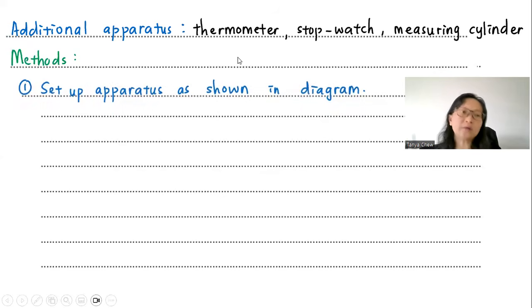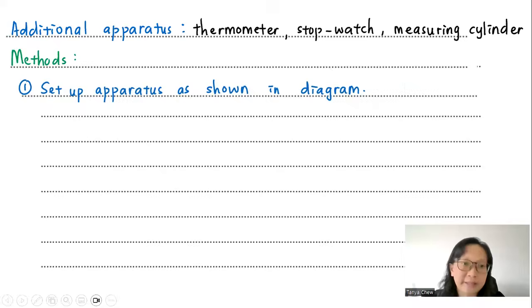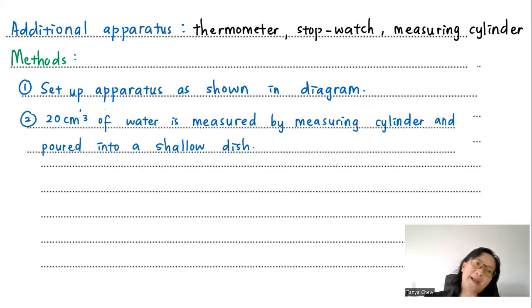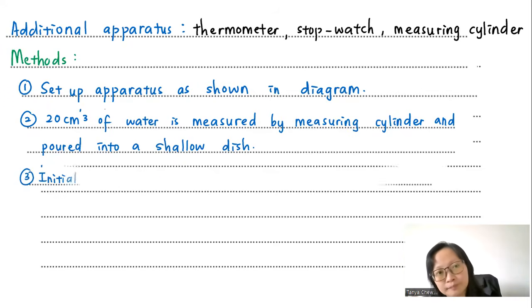So the method is, since I drew the diagram, I would want the examiner to refer to my labeled diagram. Set up the apparatus as shown in the diagram. And I just give a value, so that the experiment can be planned in a better way. I said that I only use 20 cm cube of water to be measured by measuring cylinder, and I pour it into a shallow dish.